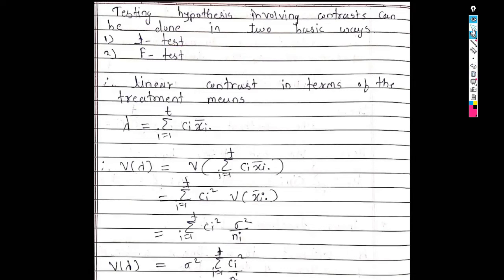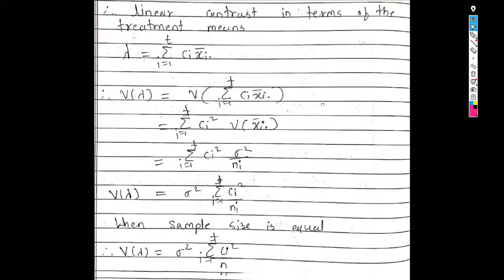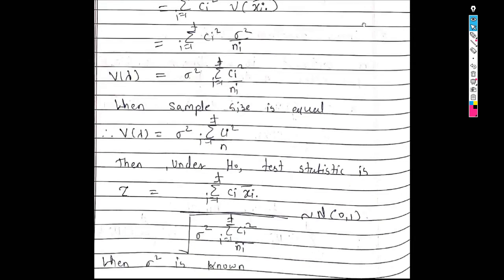So in the next step we get the variance of lambda is sigma square summation i varies from 1 to t, ci square upon ni. So here first we find ci square upon ni and then we take the summation of that.